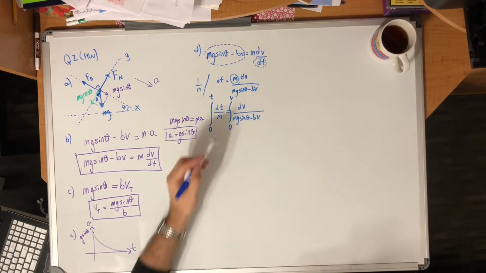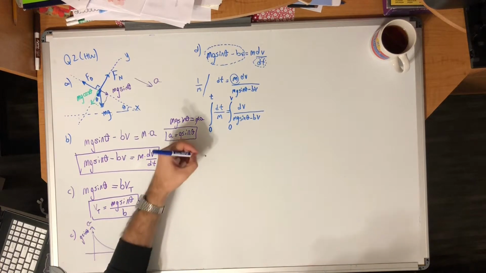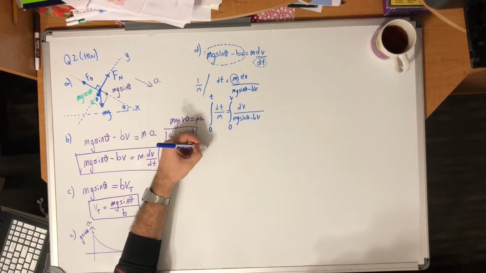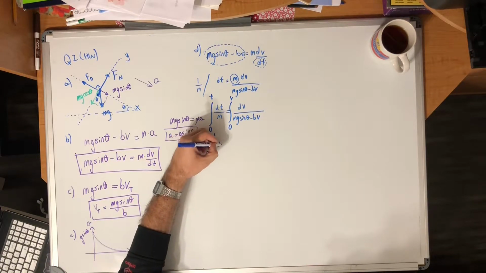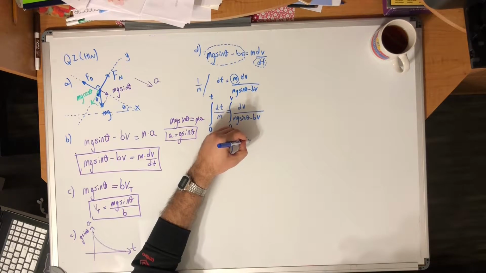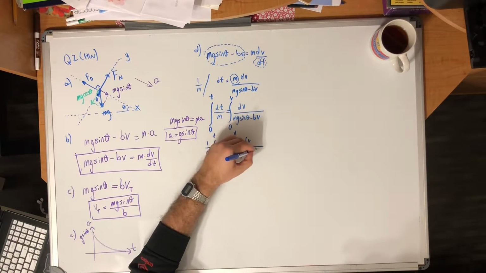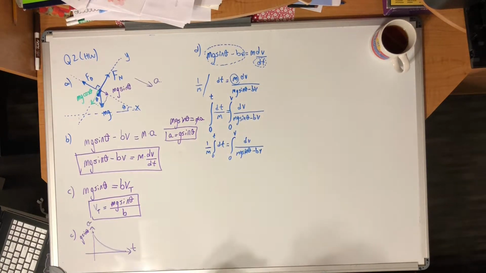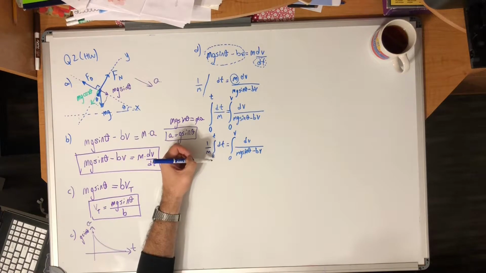Alright, so again, mass is a constant here, so that can come out. I don't need to worry about that. So 1 over m is the integral from 0 to t of dt, and then the integral from 0 to v of dv divided by mg sine theta minus bv. So now what do we have? 1 over m, just a constant, dt, t to 0.